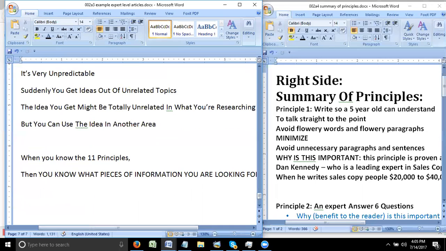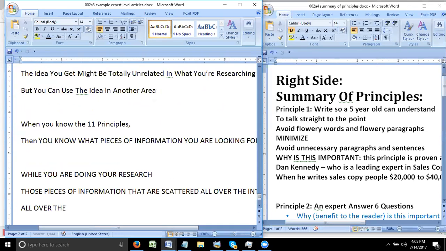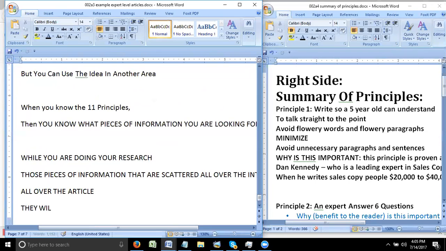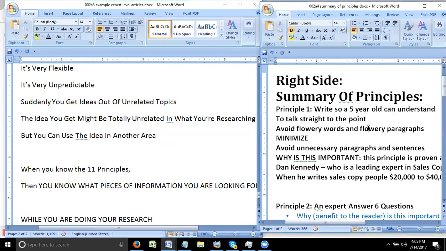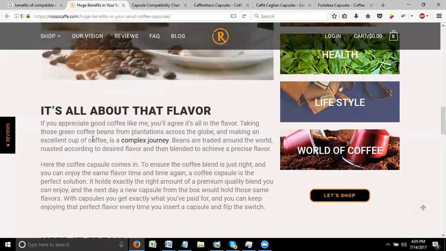So that while you are doing your research, those pieces of information that are scattered all over the internet, all over the article, will immediately stand out to you, and you can spot them and say, that's the information that I'm looking for, right? Because if you're not familiar with the principles here, chances are the writer is just gonna look at the article and just start rewriting it.